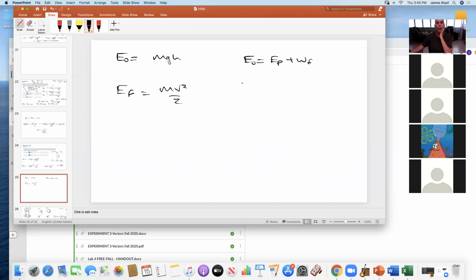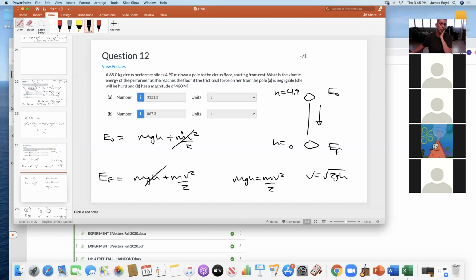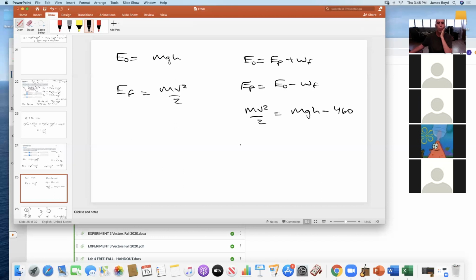So energy final is equal to energy initial minus work of friction, or mv squared over 2 is equal to mgh minus 460, or v is the square root of 2gh minus 460. And that's not too hard.